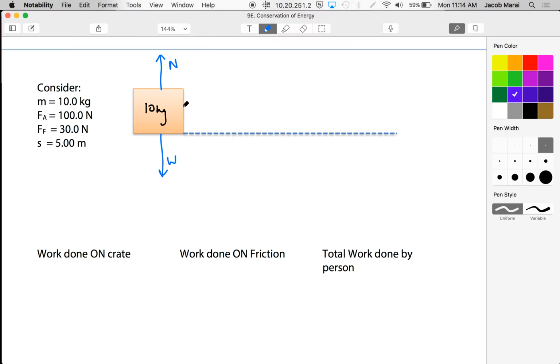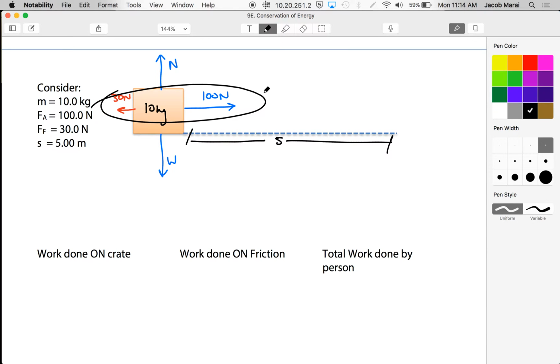What we are displacing is 100 newtons this way, and I'll just go 30 newtons backwards, because our displacement is 5 meters that way. So really, it's only the force in the direction of the displacement that's doing any work. The normal force or the weight force is not doing any transfer of energy here.